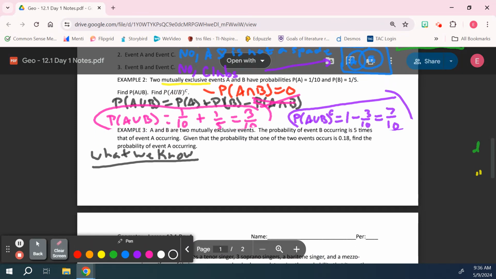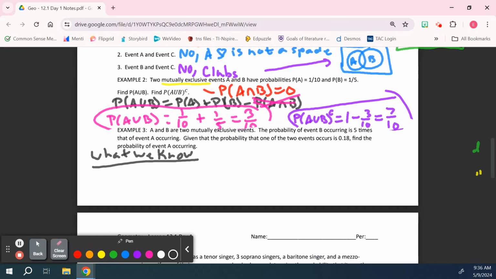Okay, and what we know is, first off, we have two mutually exclusive events, which means the probability of A intersect B is equal to what? 0, right? The other thing we said is that the probability that one of these two events occurs, that means that's your OR.